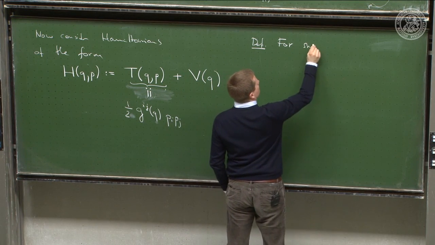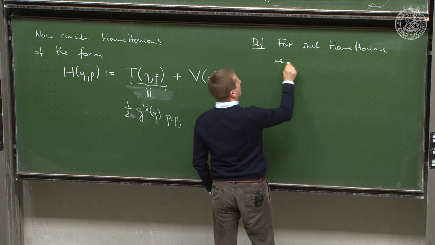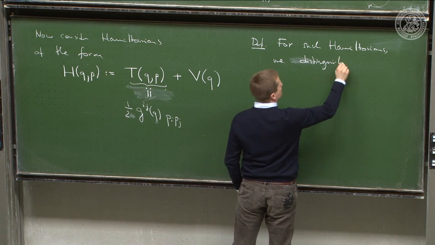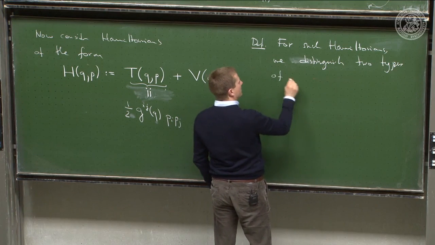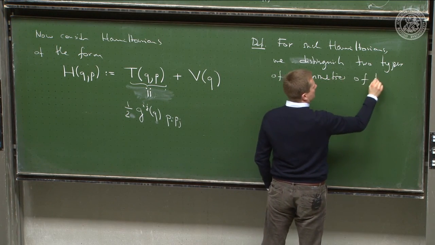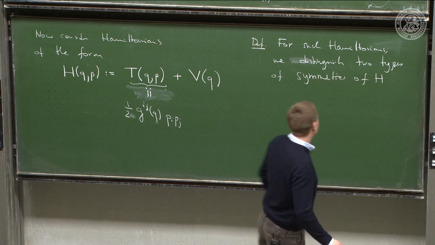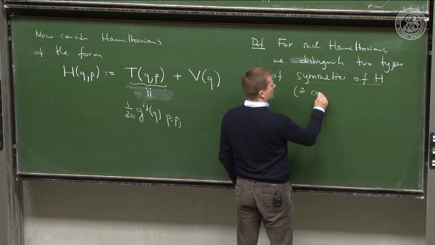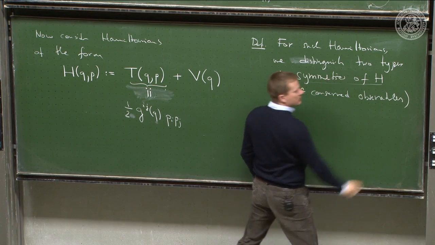For such Hamiltonians, we distinguish two types of symmetries of H, but we now know that the symmetries of H are the same as the conserved quantities, conserved observables, by Noether's theorem.